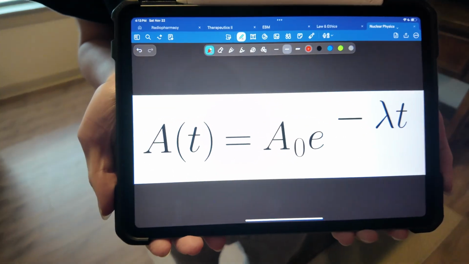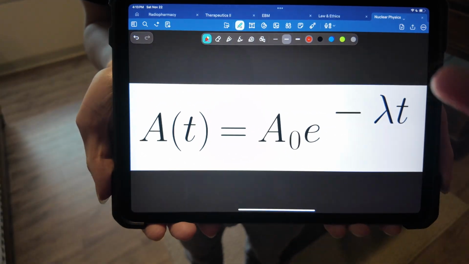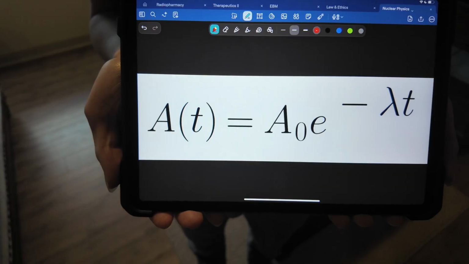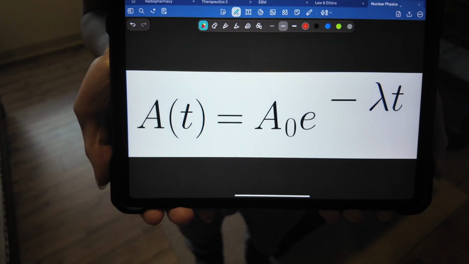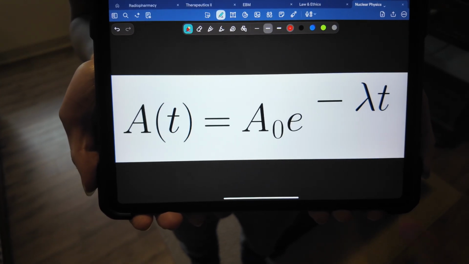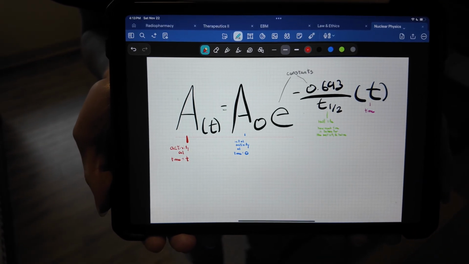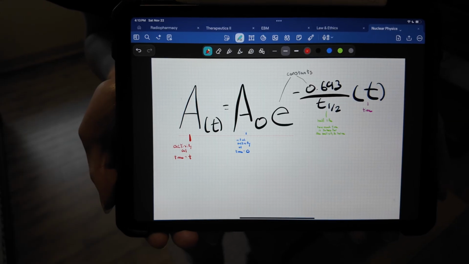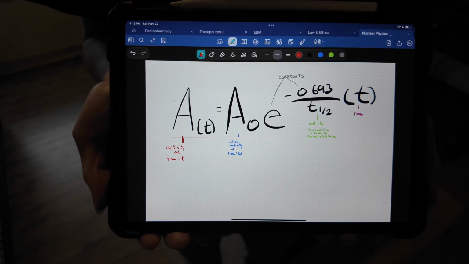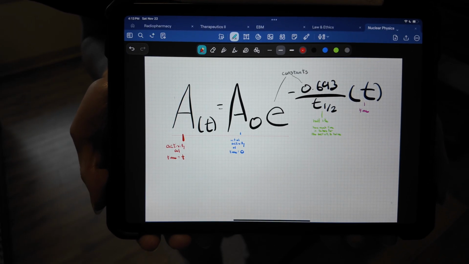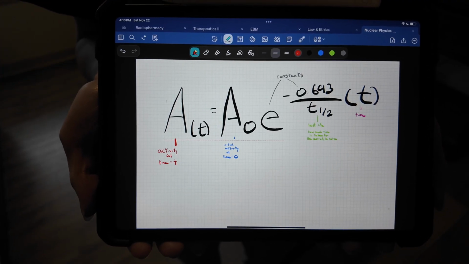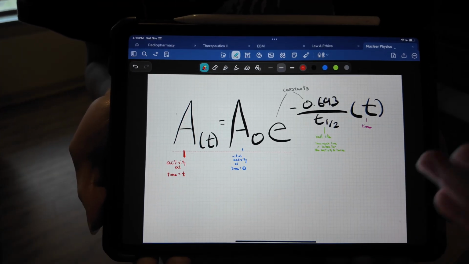The radioactive decay equation is as follows, where we have A representing activity, so we have activity at time t equal to the initial activity times e to the lambda times time. And when we break it down a little further, each of our components represents a different part of this equation, where the initial liquid, the amount of liquid that's in the bag, is represented by A naught.